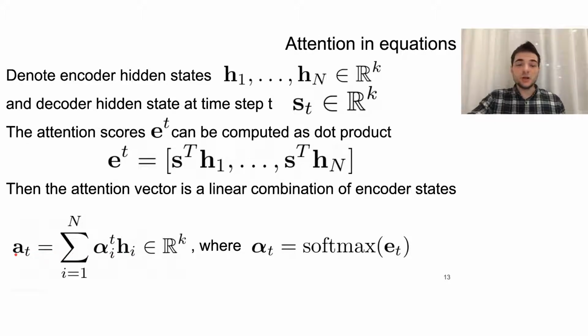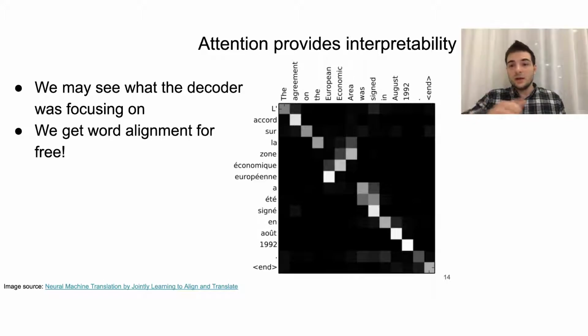And then this attention output is based on all the encoder states, so it somehow has an opportunity to have all the information from the encoder conditioned on the current decoder state. That's kind of it. And attention provides interpretability, because right now we can see what the decoder was focusing on at every step. And we get word alignment for free. Now we don't need to call hundreds of linguists to generate new word alignment matrices for new languages and so on. It's enough just to have some parallel text corpora like Wikipedia, for example.